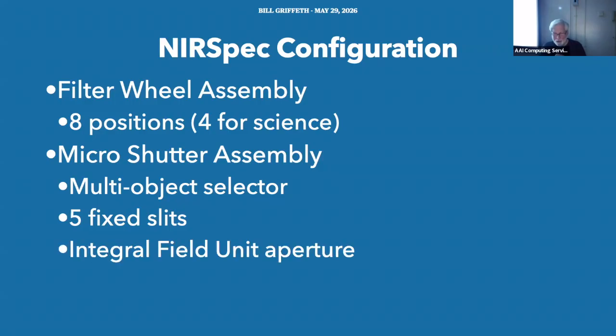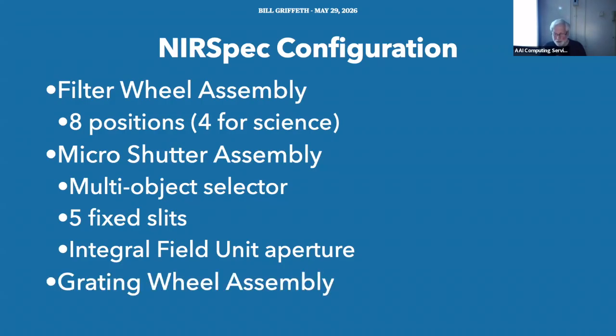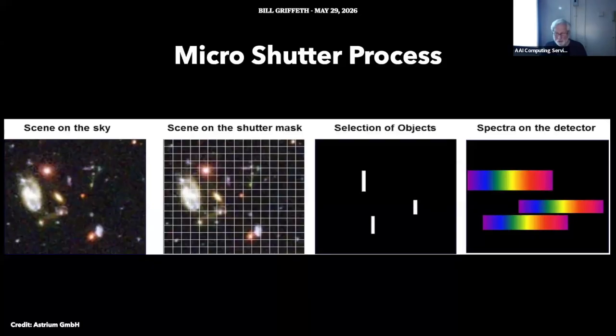And third, it has the integral field unit aperture that can be selected. And then finally, we have the grating wheel assembly that contains a prism, 6 gratings for dispersing light, plus a mirror for target acquisition.